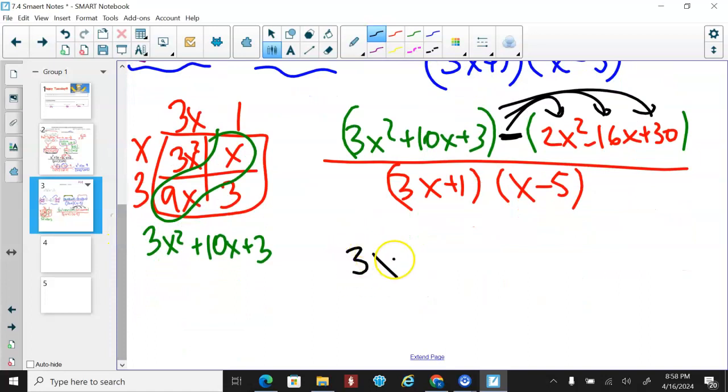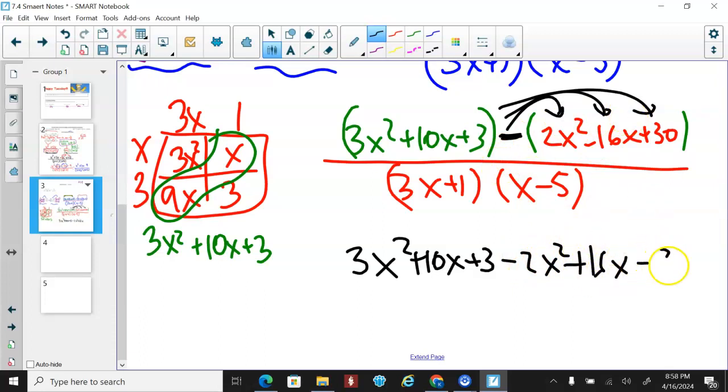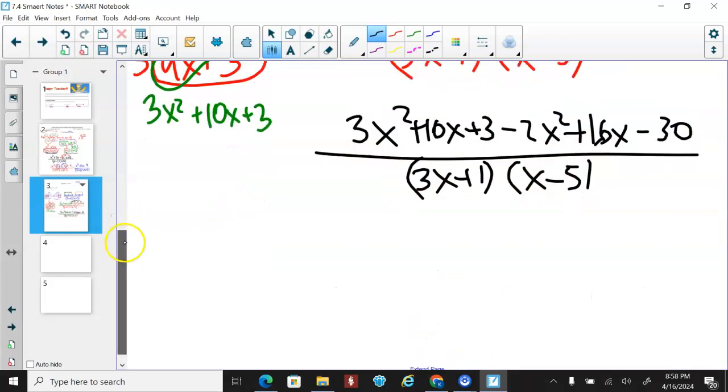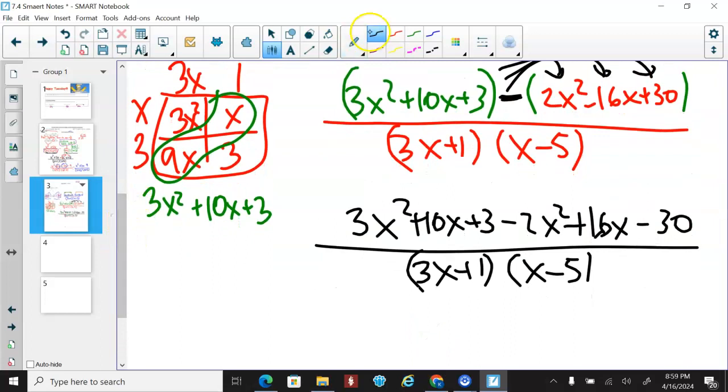So, because we're subtracting two fractions from each other, I repeat the first one. Then negative times 2 is negative 2x squared. Negative times negative 16 is positive 16x, and negative times 30 is negative 30, okay? Over 3x plus 1 and x minus 5. And again, the key here is to make sure that you understand that you have to distribute the negative.